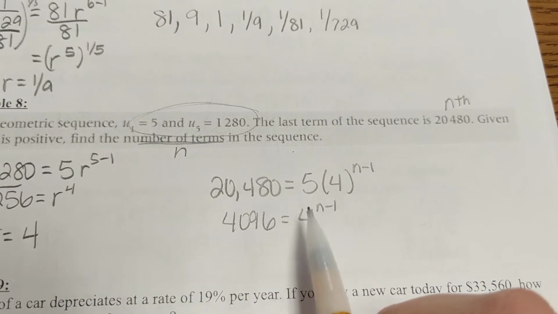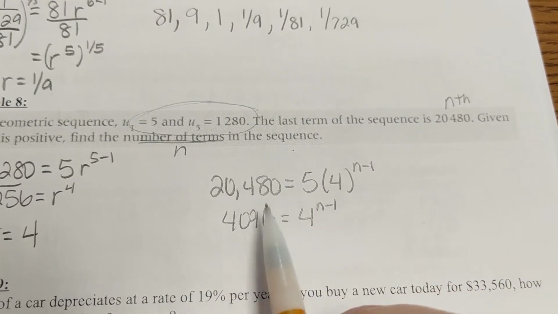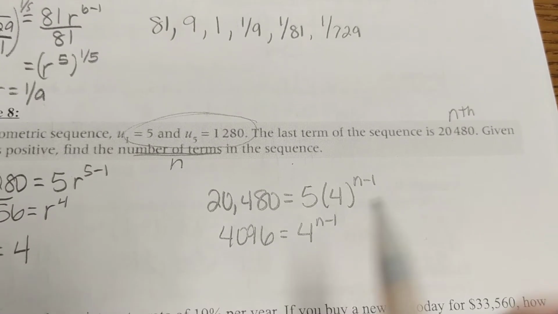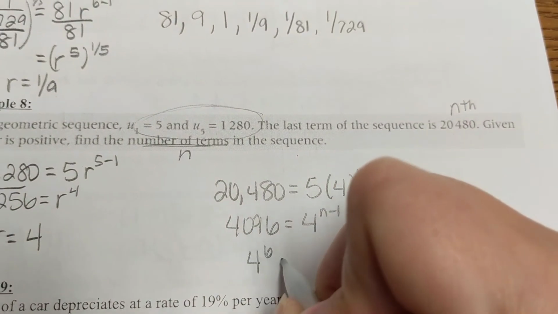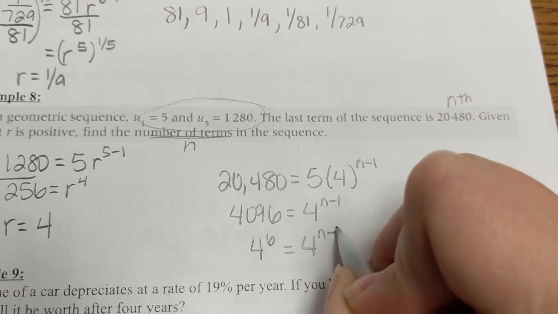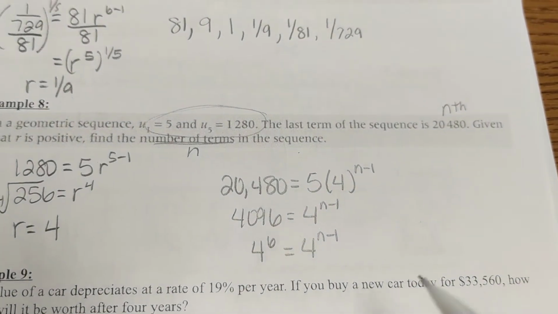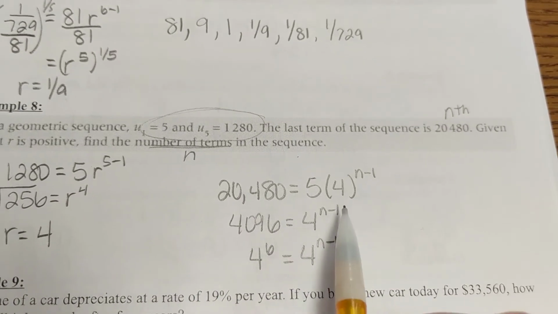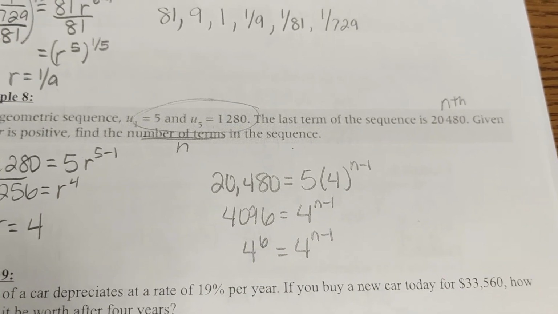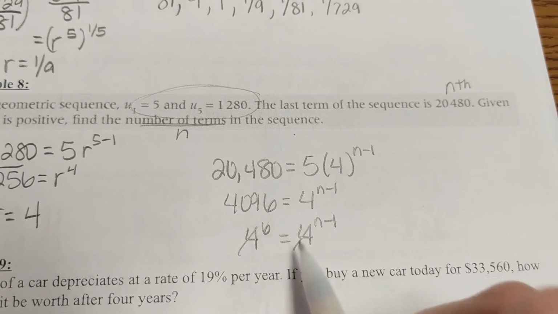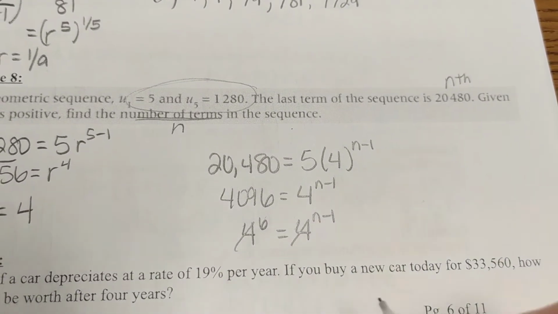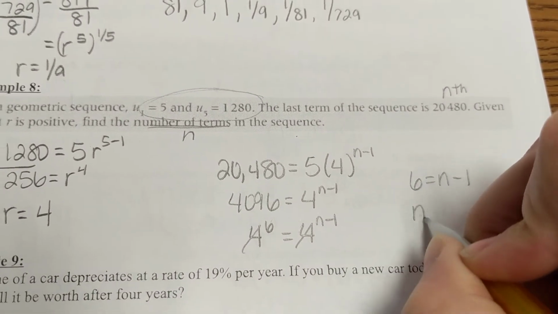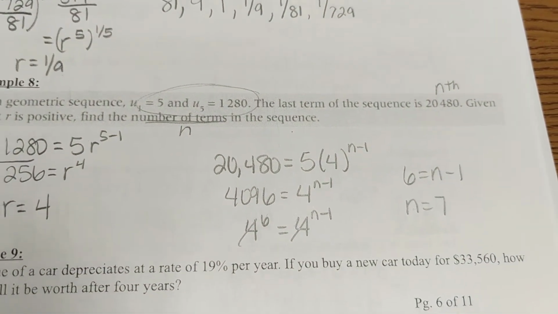I can do the log of each side to get this exponent to come down, or I can rewrite this as a base of 4, which I saw that that was 4 to the 6th. So if you missed that, that's okay. You can just do logarithms, so log, and get that exponent to come down. So now here, I can see those are going to go away with a log. So 6 equals n minus 1, n equals 7.